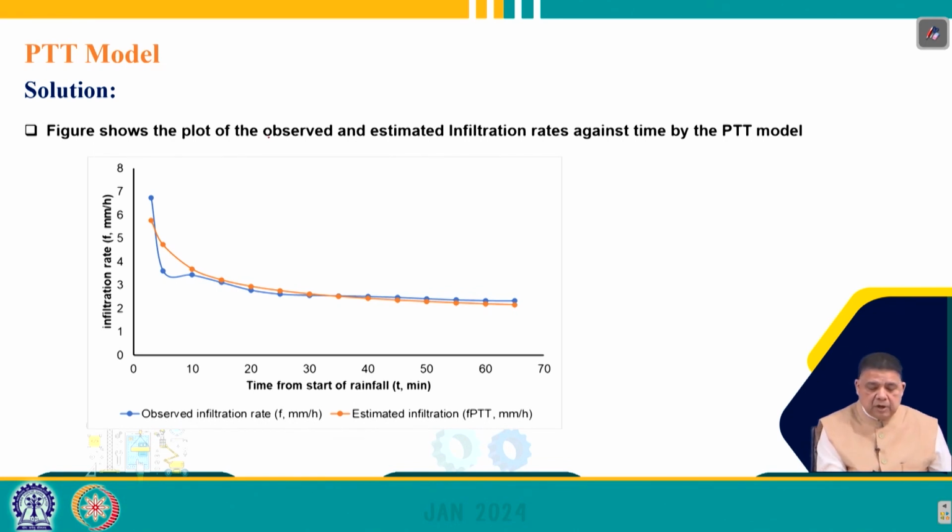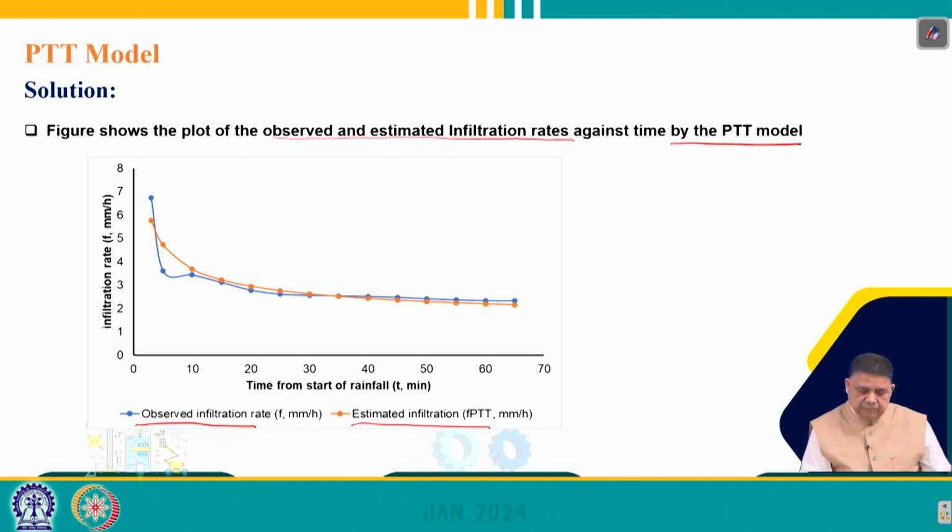The figure shows the plot of observed and estimated infiltration rates against time by the PTT model. As you can see here, the blue line again shows the observed infiltration line, and the orange color shows the estimated infiltration. But if you remember the previous models, even the Horton model, right after 10 minutes there was almost a perfect match with the observed infiltration rate.